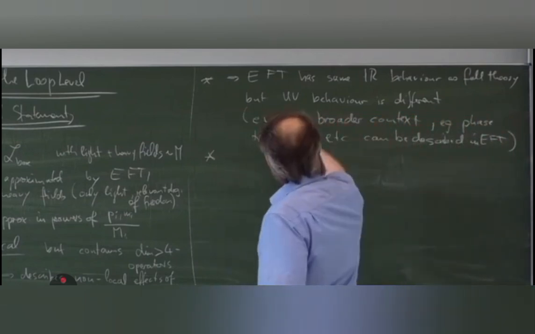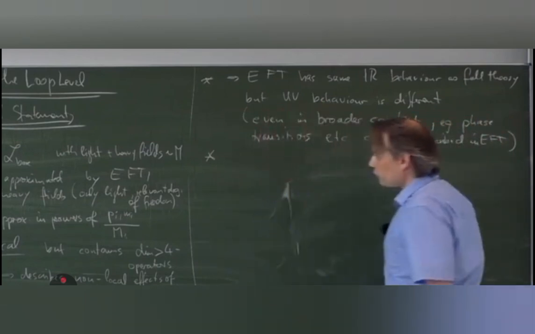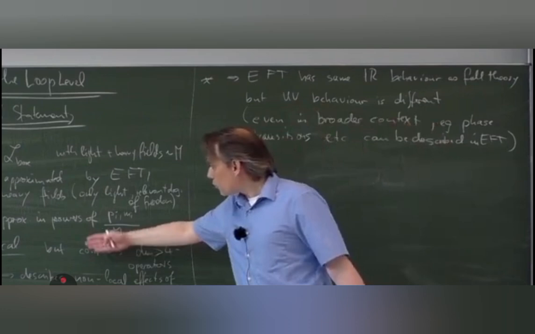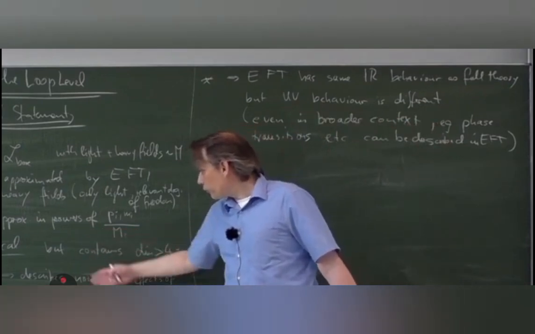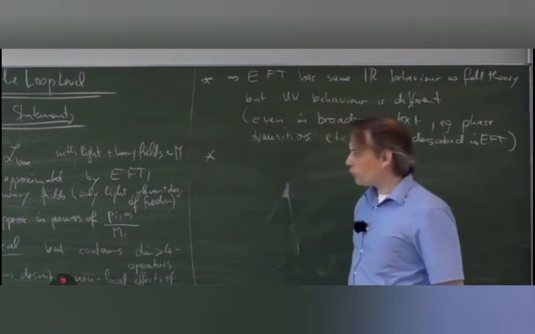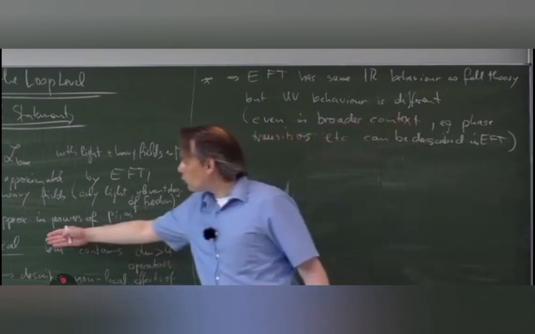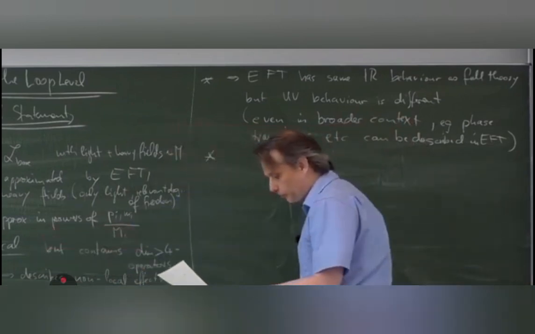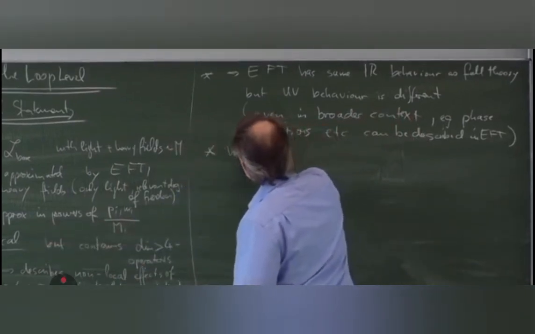Then, so the ultraviolet behavior is different, and we already saw it here, namely the effect of non-local interactions of heavy states is described now by local Feynman rules. So let's make this a little bit more explicit.